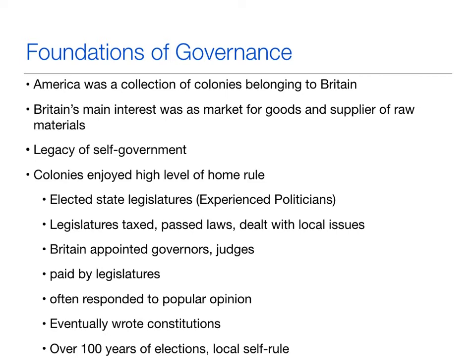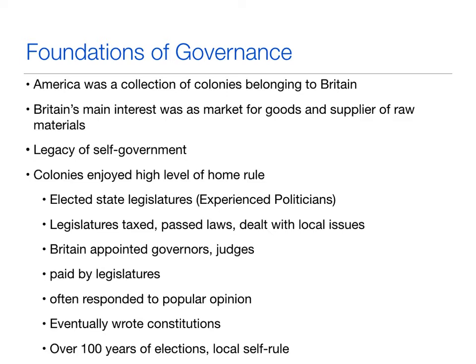This system eventually created a legacy of self-government, an idea of self-government that drove our political history once we started the revolution, created the Articles of Confederation, and eventually formed a second system of government under the U.S. Constitution that's still in existence today.